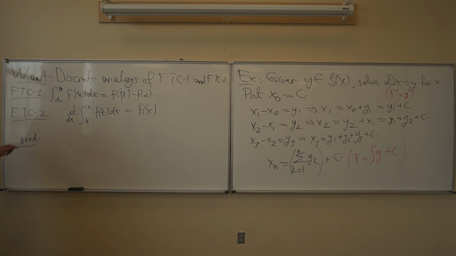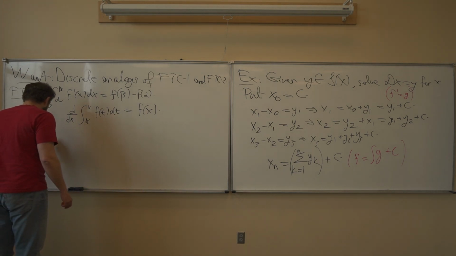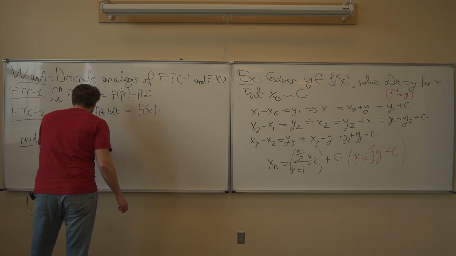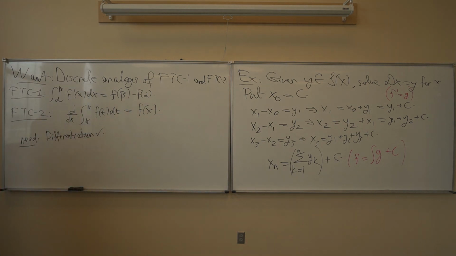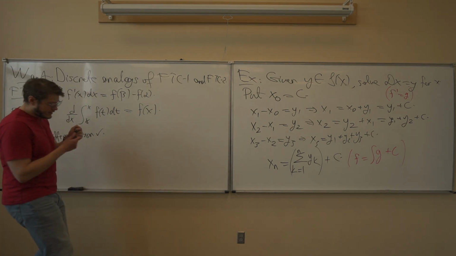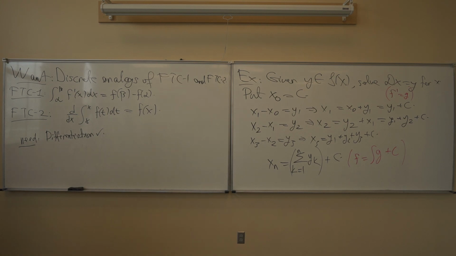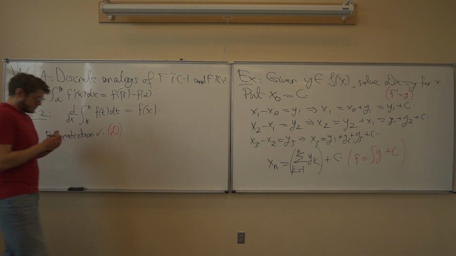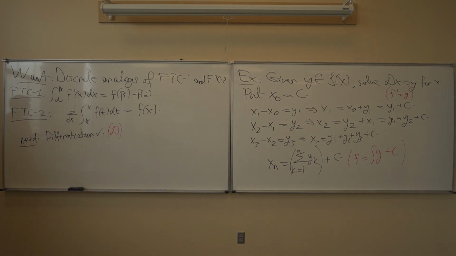Okay, so need. So differentiation. This is done. I defined the d. This is this d operator. We have a notion of differentiation. Now I need the analog of a nice domain, analog of a closed and bounded interval.